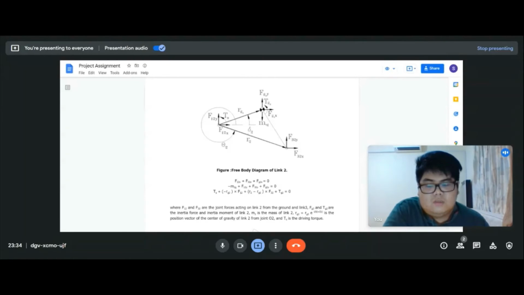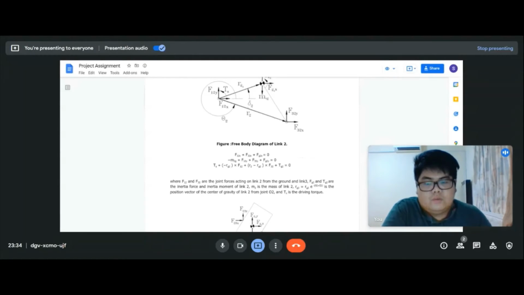This is located at link 6. So here in link 2, we can calculate the force with this equation, where we'll see the equation needs mass, and the forces are linked with gravity, the center of gravity, and also the driving torque, which supplies the input torque.